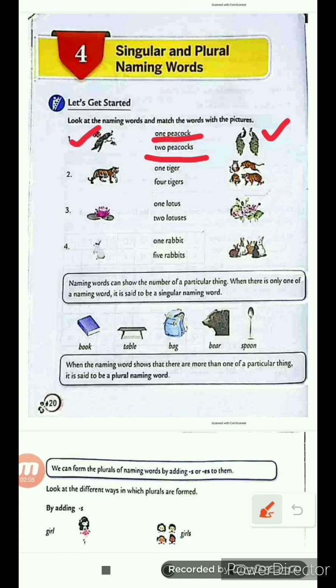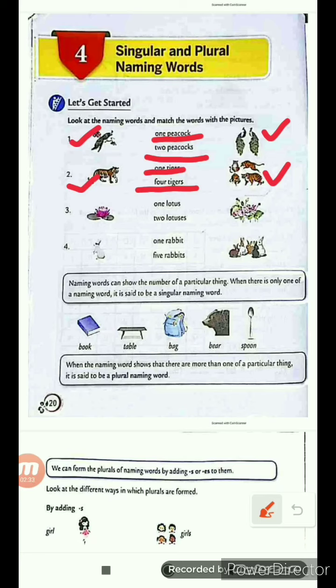Next, see one tiger. Here also you can see the picture, one tiger. Next written here, four tigers. In the picture you can see there are four tigers, 1, 2, 3, 4.